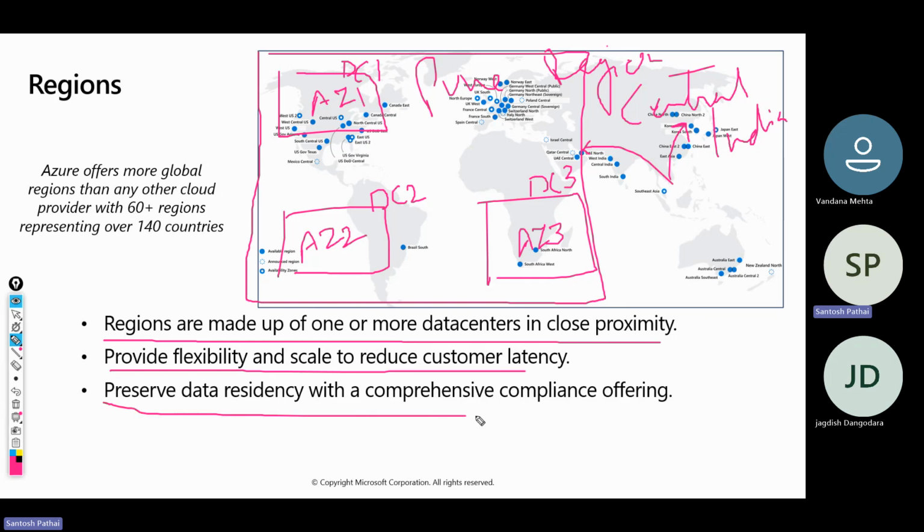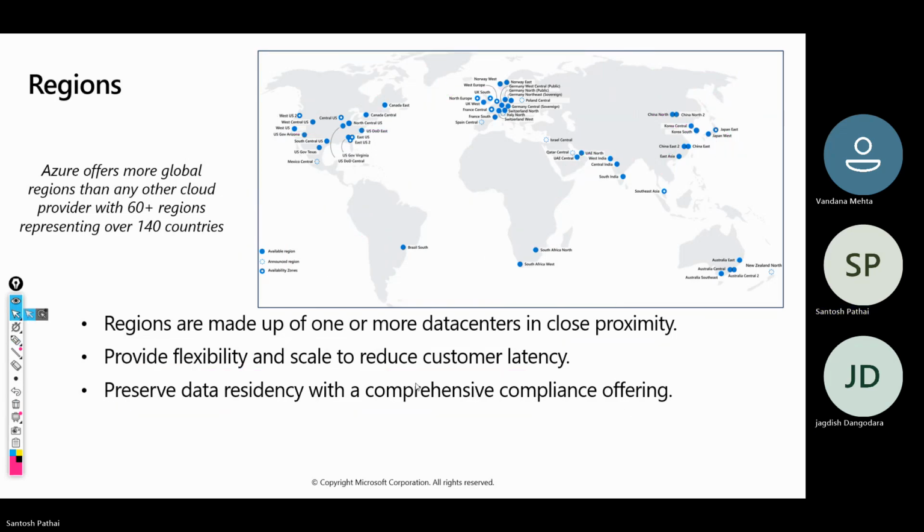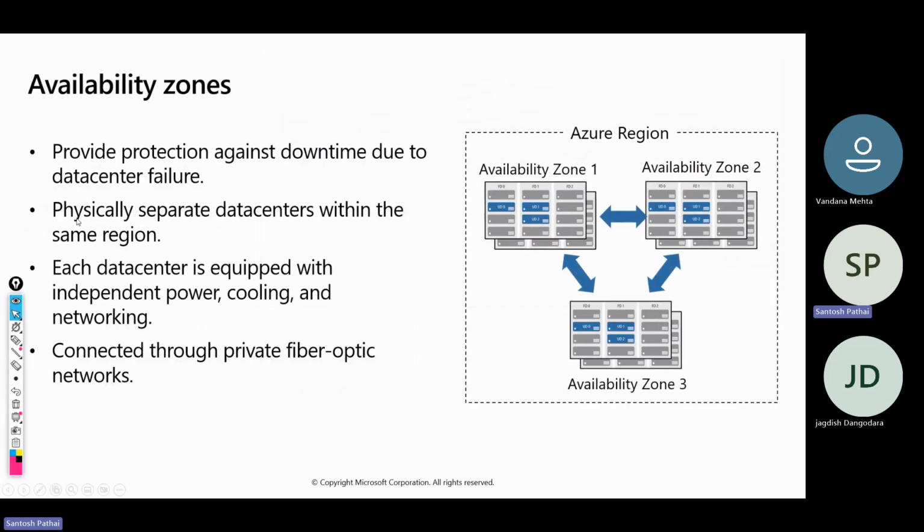So it preserves the data residency with a comprehensive compliance offering. Now, when we talk about availability zones, as I have taken the example of the Azure region Central India, which is in Pune, it can have multiple availability zones. These availability zones will be connected with each other, so they provide protection against downtime due to data center failure.